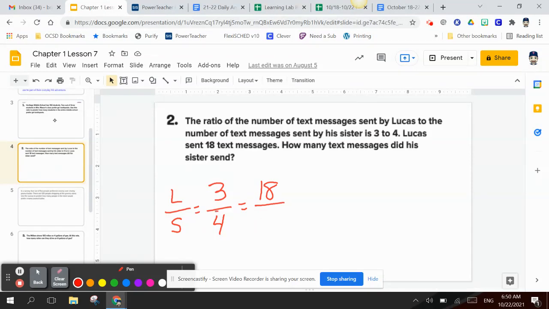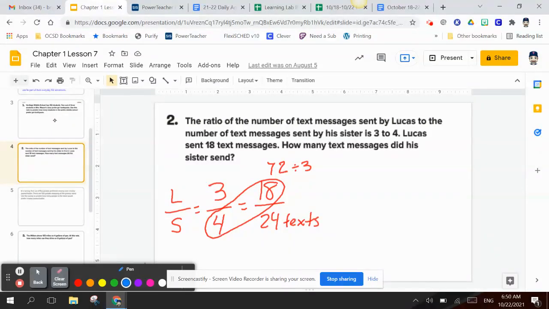again, if I cross multiply, 4 times 18, 4 times 8 is 32. 4 times 1 is 4, plus 3 is 7, so that's 72 altogether. So if I take 72 and I divide that by 3, because 3 is my only number left, I get 24 text messages.